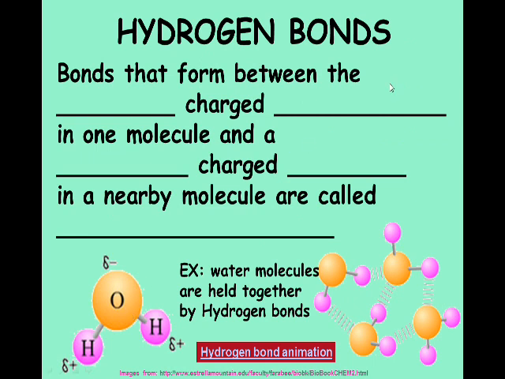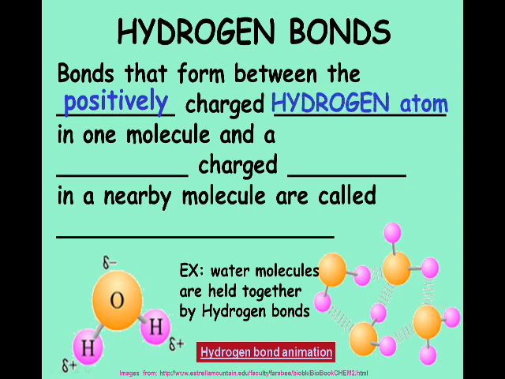The other way that molecules stick together is something called hydrogen bonds. Any molecule that has hydrogen in it can form hydrogen bonds with other molecules. And the bonds are going to form between those attractions. The positively charged hydrogen atom in one molecule, like water, for example, is going to be attracted to the negatively charged atom in a nearby molecule, like another water molecule.